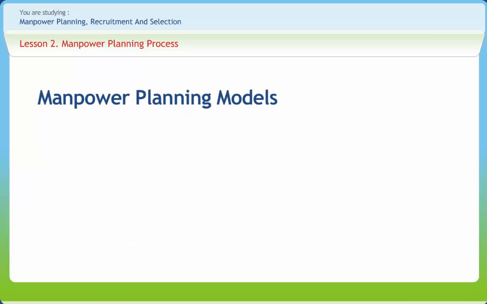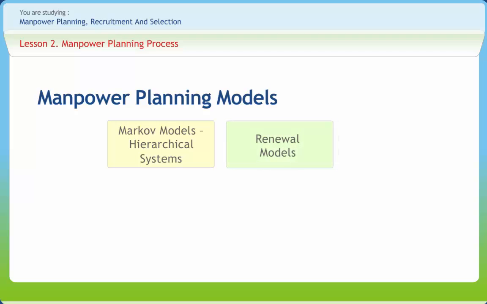Now let us discuss some selected models for manpower planning. In hierarchical systems, routes for the employees, which is the promotion ladder, are well defined. It means every employee elevates himself in the organization through a well-defined career path. Renewal model is used to predict the various flows in the organization when the size of the stocks is fixed in advance.